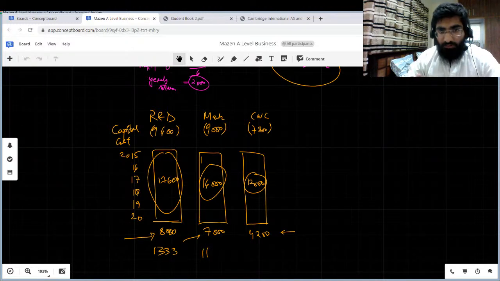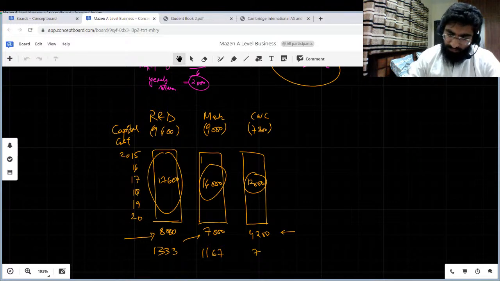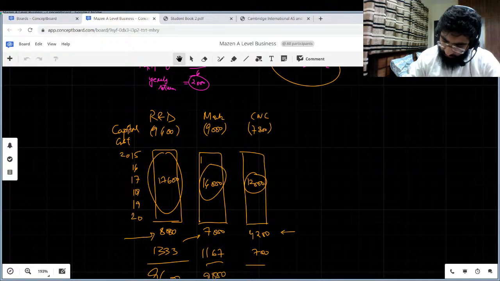1167. And for the last one, it's 700. Okay. And then you divide each by its capital cost. So 1333 divided by 9600, 1167 divided by 9000, and 700 divided by 7800.